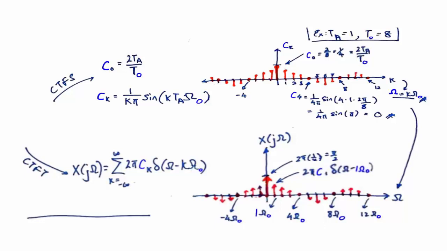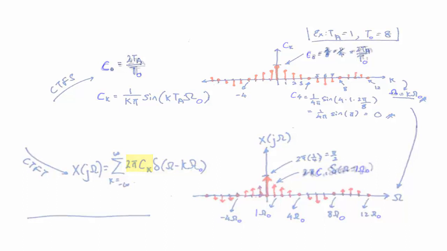The first difference is that the amplitude is multiplied by 2 pi with respect to Ck. The second difference is that in the continuous time Fourier transform representation, the deltas are used at positions of k multiplied by omega naught. The value associated with each delta is 2 pi multiplied by Ck at the position of delta omega minus k omega naught.